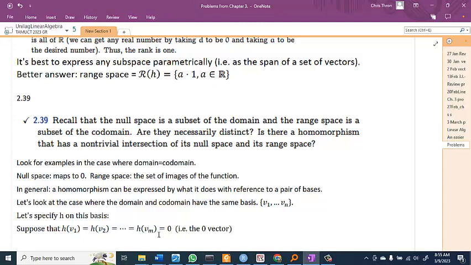Okay. It's not the number 0, it's the 0 vector, right? Because here we're talking about a homomorphism mapping between vector spaces.